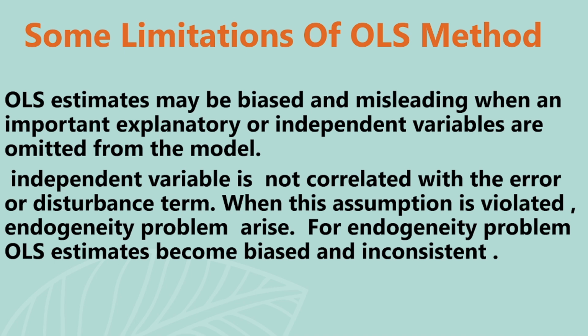But when this assumption is violated, endogeneity problem arises. Endogeneity problem means that independent variable is correlated with the error or disturbance term. And when endogeneity problem arises, OLS estimates become biased and inconsistent, because in this case the assumption of OLS method is violated.